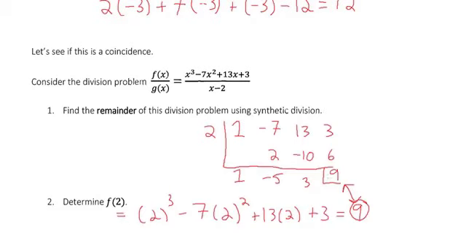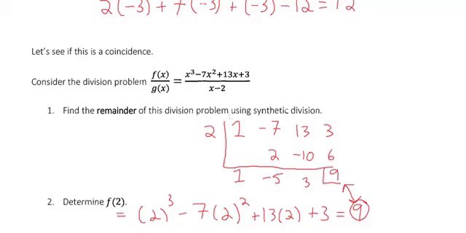So after completing the synthetic division, you should notice that the remainder here is the same as after I substituted 2 in for f of x. Now that's going to be true every time we do synthetic division. Now the question we have is, why is that happening?